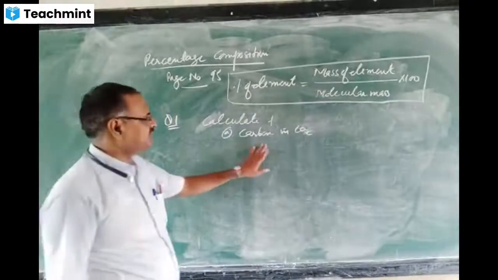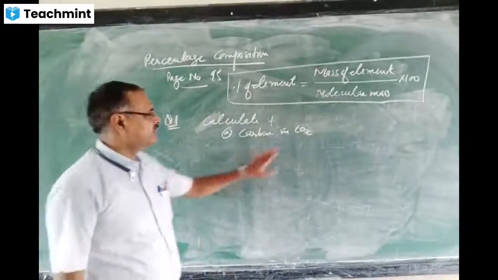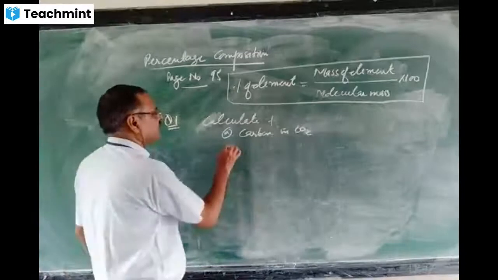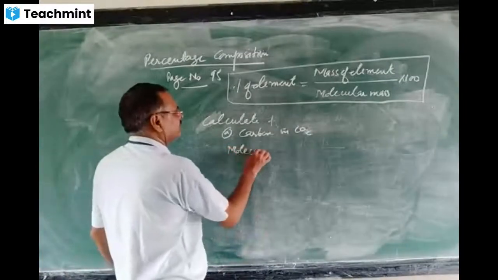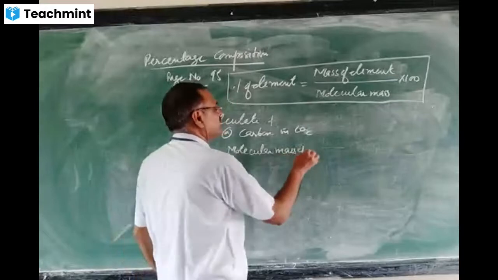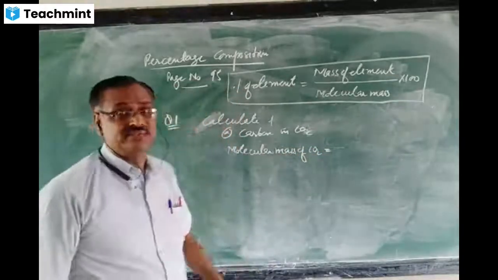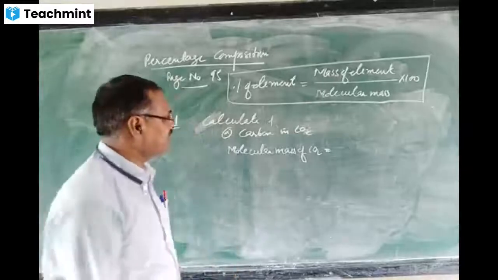So this is percentage of carbon in carbon dioxide. First of all, calculate the molecular mass of carbon dioxide. Just take the sum of the atomic masses, that will be the molecular mass.